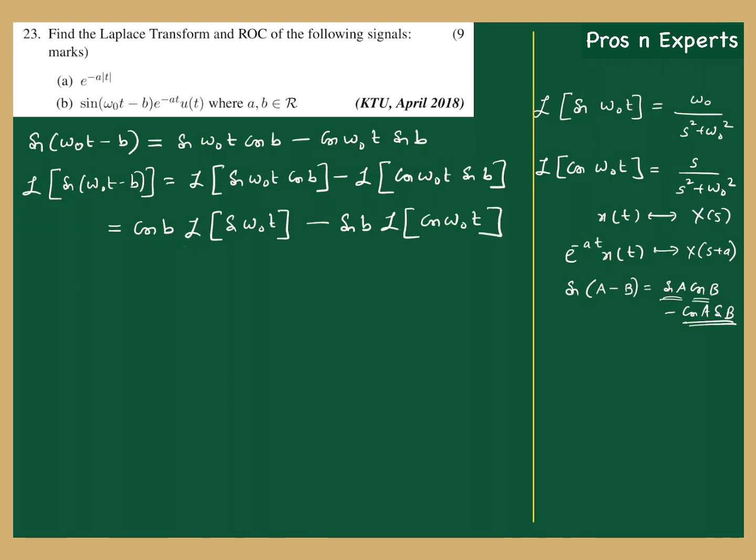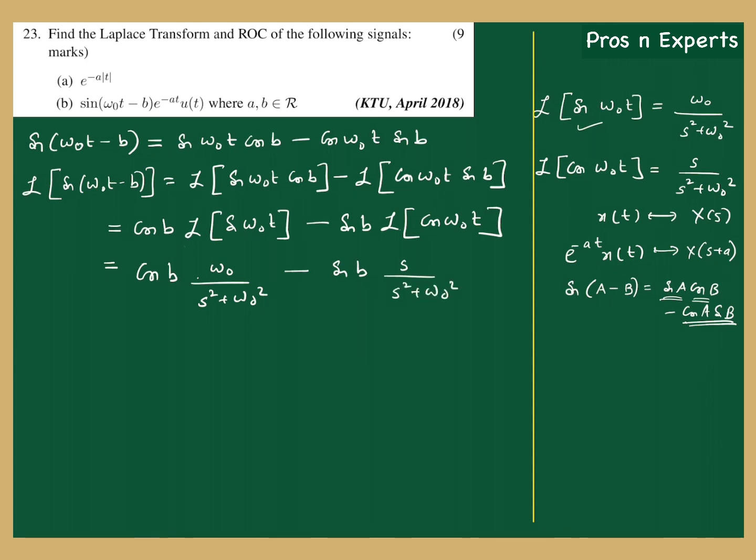Cos omega 0 t is the variable here or signal here. That implies Laplace transform of sin omega 0 t minus b equal to cos b into, what is Laplace transform of sin omega 0 t? We know it is omega 0 by s square plus omega 0 square, minus sin b into, what is Laplace transform of cos omega 0 t? It is s by s square plus omega 0 square.